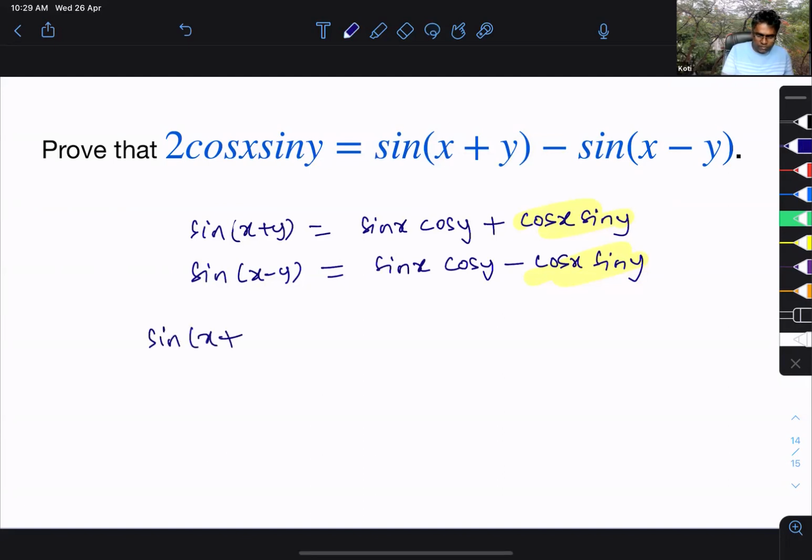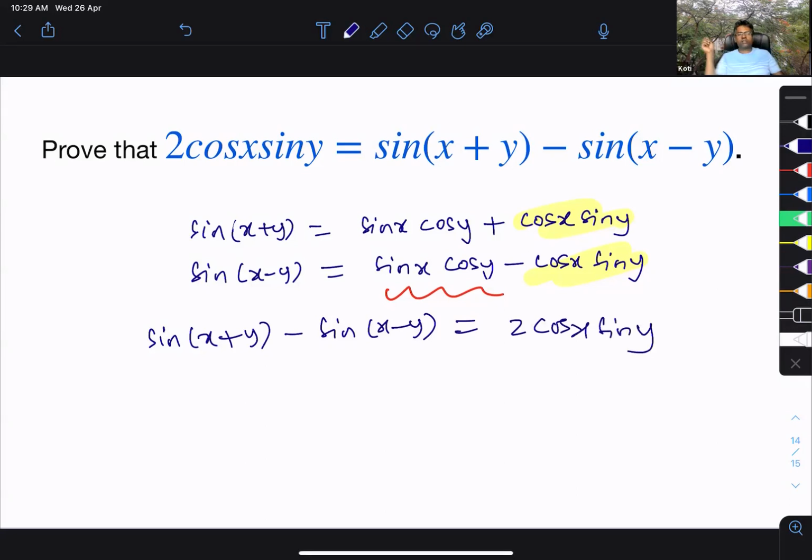So sin of X plus Y minus sin of X minus Y. These terms will drop off, and then you will have 2 cos X sin Y. Easy guys, identities.